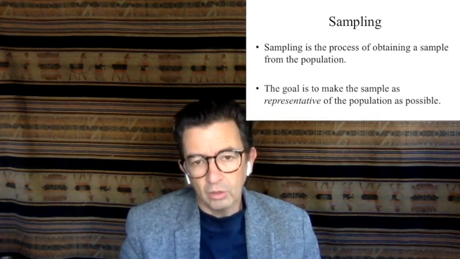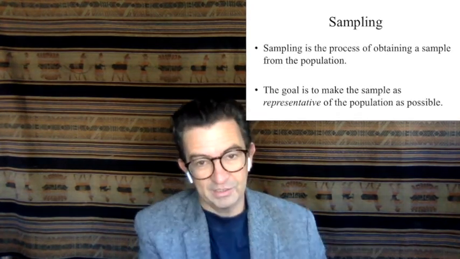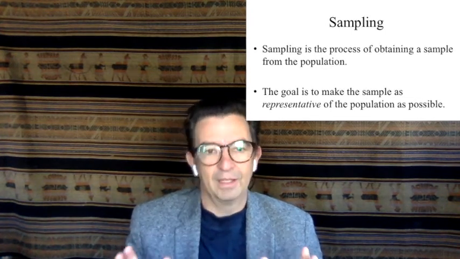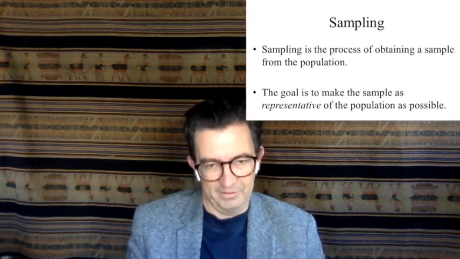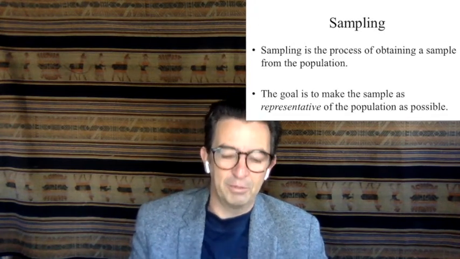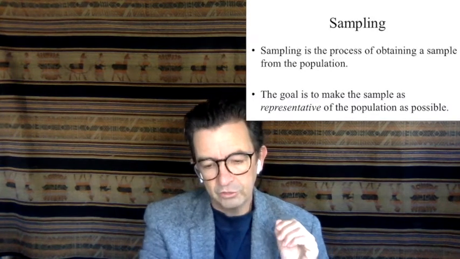If we want to explain what the population is like from a sample, the goal is to make that sample a representative sample. We want the sample to be as representative of the population as possible. So let's define what a representative sample is.